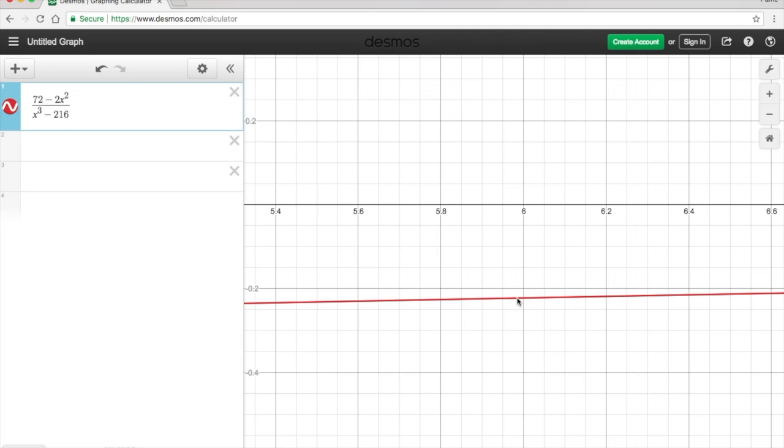That means that that number, -0.22, is the limit as x approaches 6 of this function. And as you can see, the answer they gave us was negative 2 over 9, and negative 2 over 9 is a fraction form of negative 0.22.